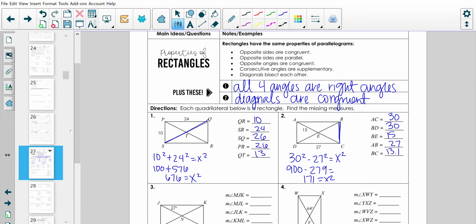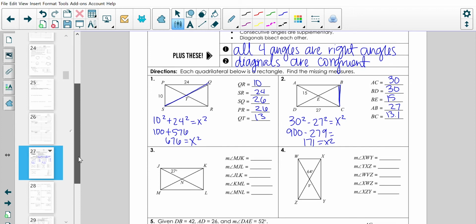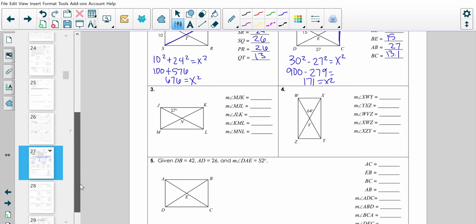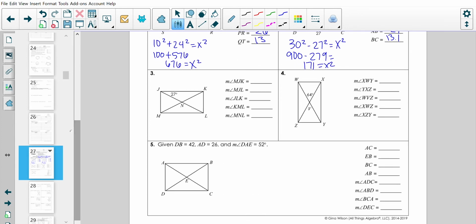Now we're going to deal with some angles. We know that all four of these corners equal 90. So angle MJK is 90.